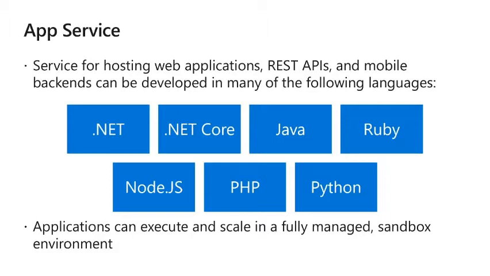This is really helpful. With the app service, you pay for the Azure compute resources that you use. The compute resources you use is determined by the app service plan that you run your apps on. It is a service for hosting web applications, REST APIs, and mobile backends, which can be developed in many languages like .NET, .NET Core, Java, Ruby, Node.js, PHP, Python.